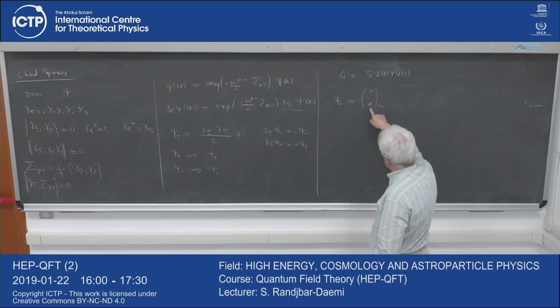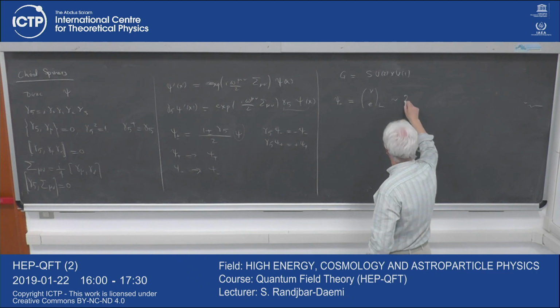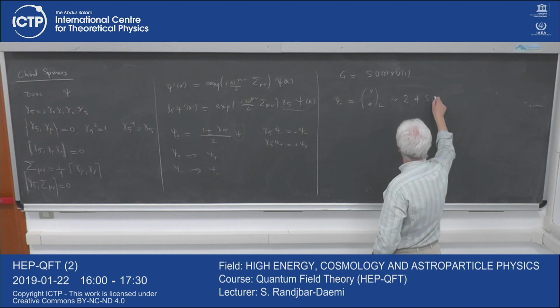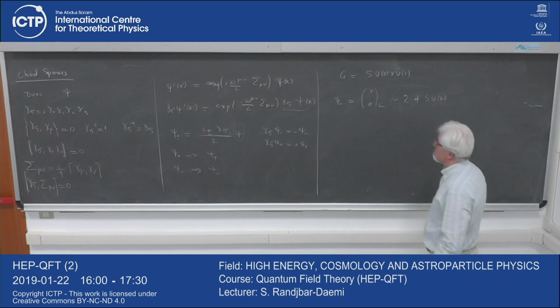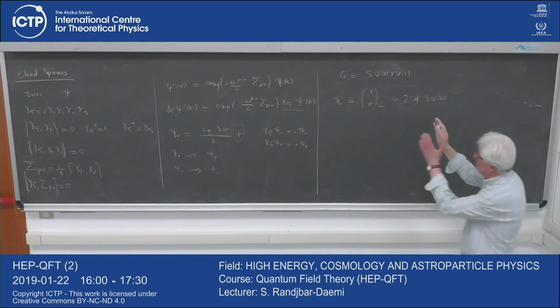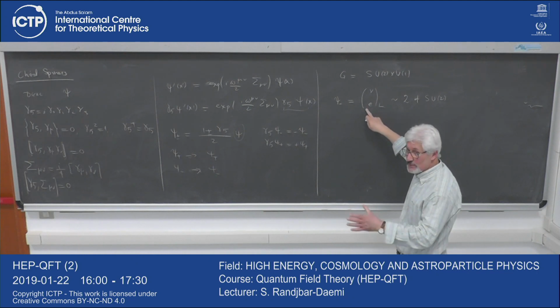So this is 1 2-component spinor, this another 2-component spinor. And this whole thing transforms in the 2-dimensional representation of SU2. So there are 2 2-component spinors, and we put them into a doublet of SU2. Each one of them is a Weyl spinor or chiral spinor.